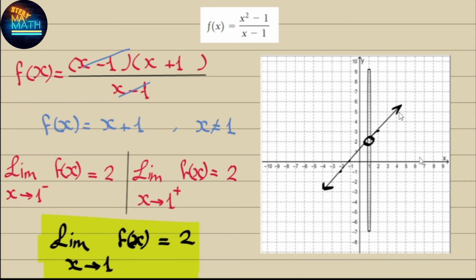If you trace the function from the right, you will see that the function is getting closer and closer to the same number, 2. And from the left, it's getting closer and closer to 2 as well. So they are the same. So the limit is equal to 2. But if they are not the same, we can say that the limit doesn't exist.